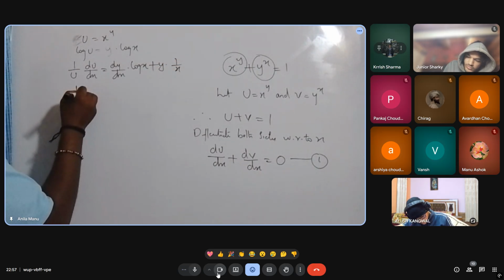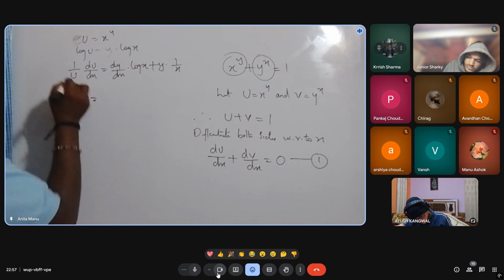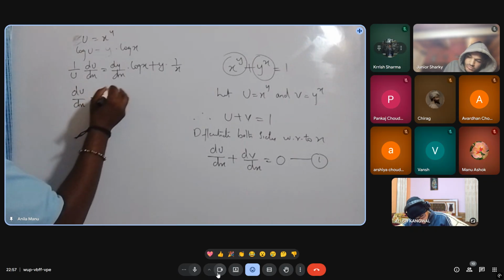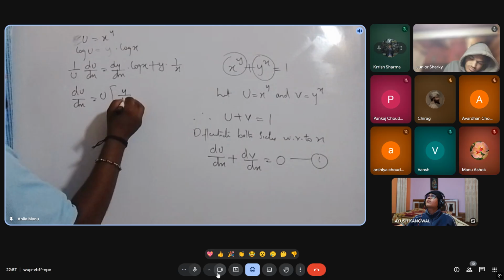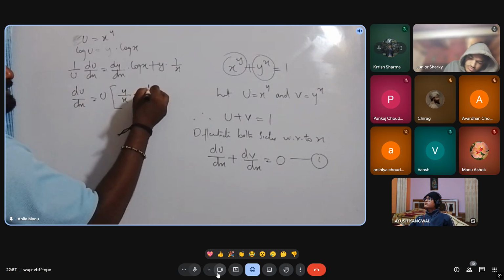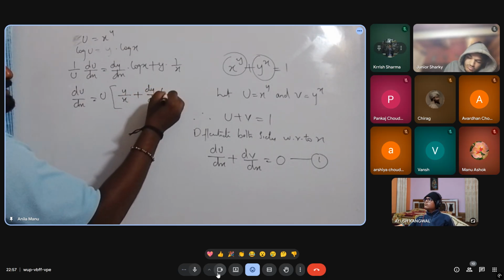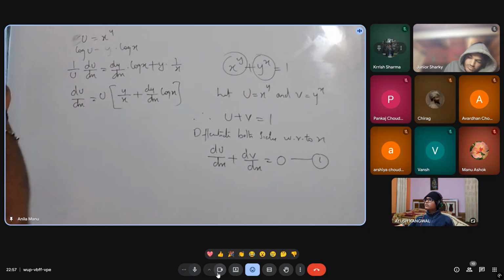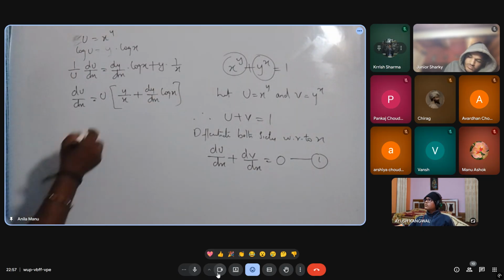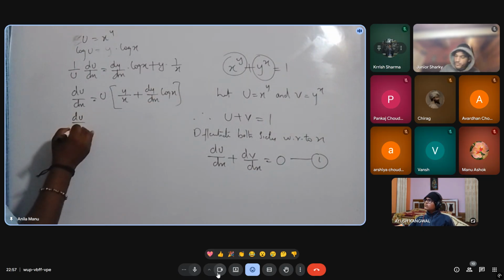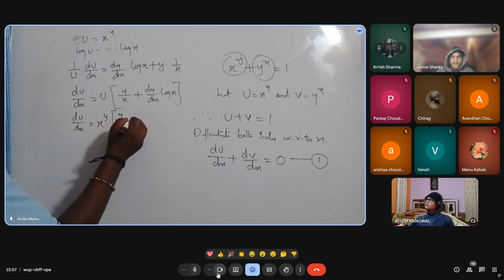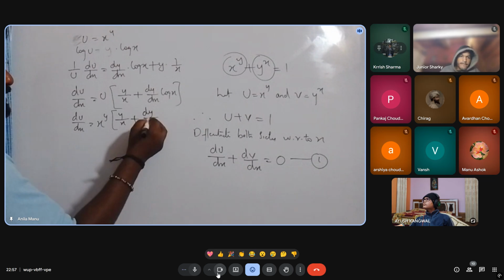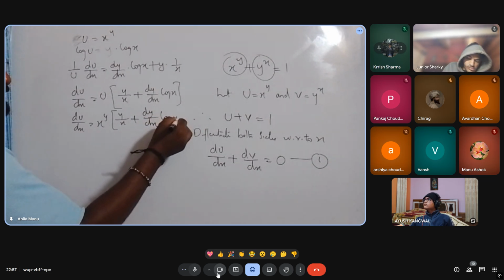Then du by dx is equal to, transposing u, u into y by x plus dy by dx log x. And u is x raised to y. So du by dx is equal to x raised to y into y by x plus dy by dx log x. Simple steps, right?